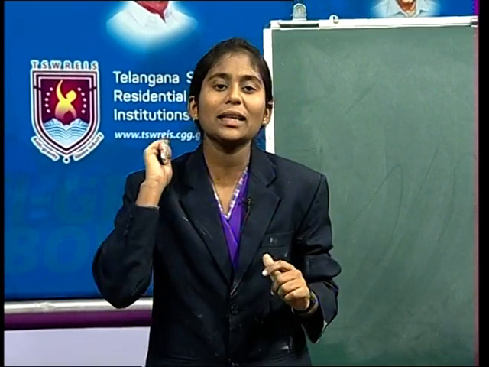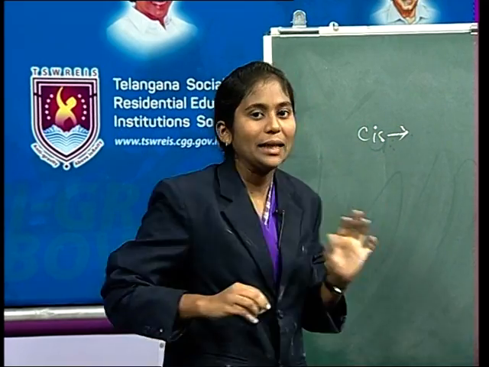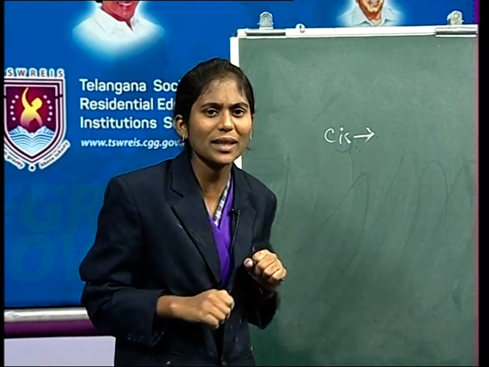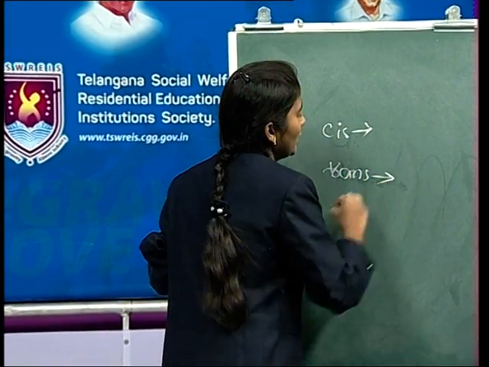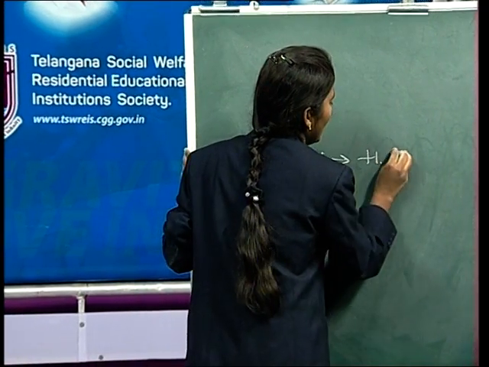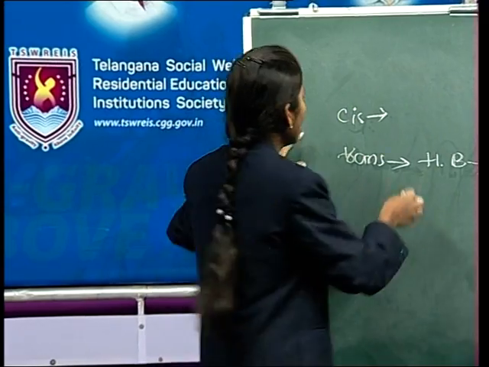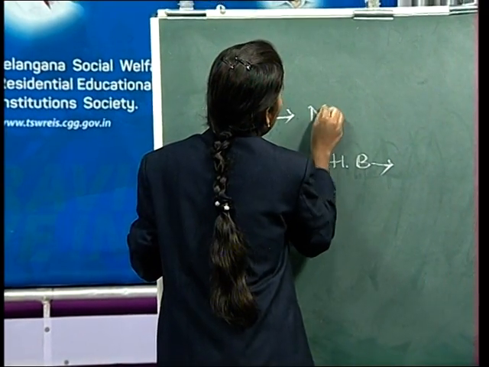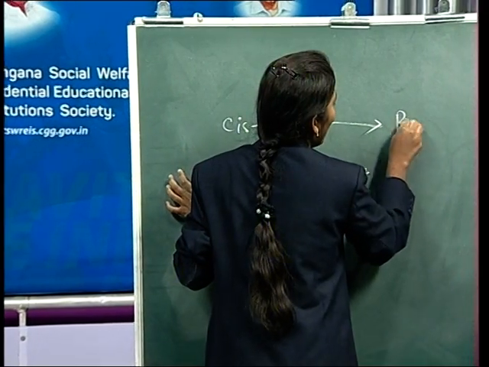For example, cis has the higher melting point, automatically boiling point is lower in trans. Here the higher boiling point means automatically melting point is lower. So, here cis, how the higher melting point automatically converts to lower boiling point.